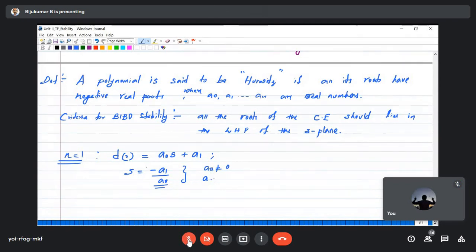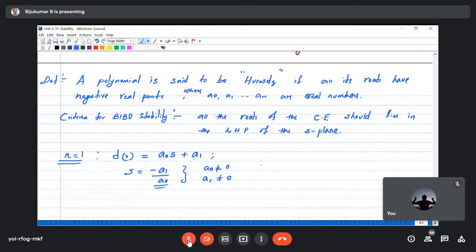And one thing is a1 should not be 0, a1 also should not be 0, right? If it is 0, the pole will be located at the origin, right? If it is at the origin, whether we can call it a stable system or critically stable system. Critically stable system. So in order for the system to be stable, both a0 and a1 should not be equal to 0.